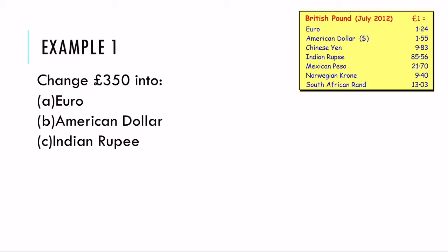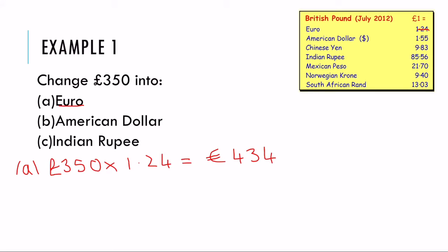Let's begin by changing £350 into euros. So, in my working, I want to show what I'm multiplying by. We are trying to change to euros, so we want to take the euro exchange rate of 1.24 and put that in a calculator. And that gives me 434 euros. In part B, we are changing from pounds to American dollars.